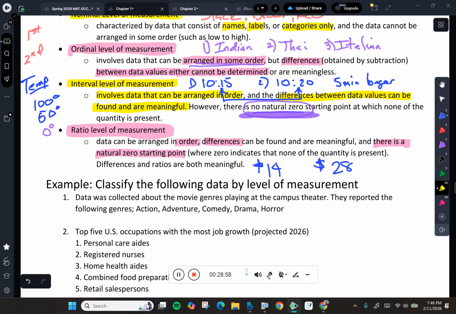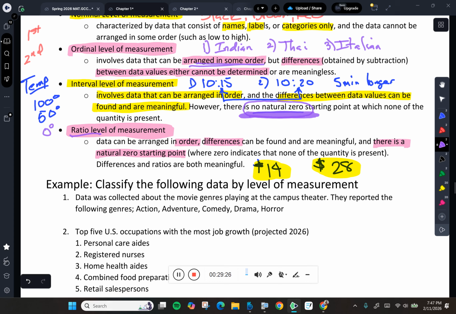Could I say that the $28 person has $14 more than the $14 person? Yeah, because I can do subtraction. So differences make sense. Could I say that the $28 person has twice as much money as the $14 person? Yeah, because 28 is twice 14.